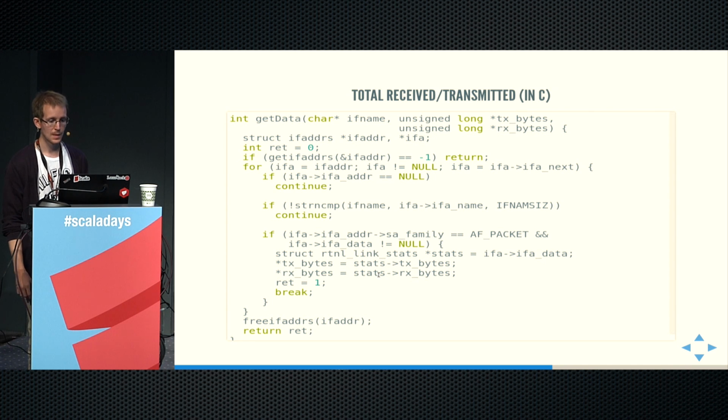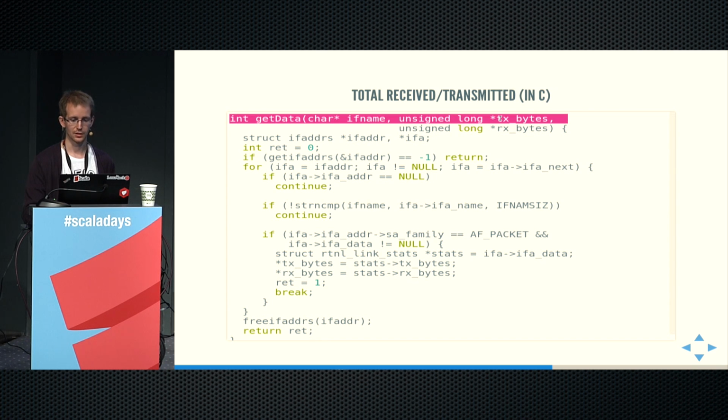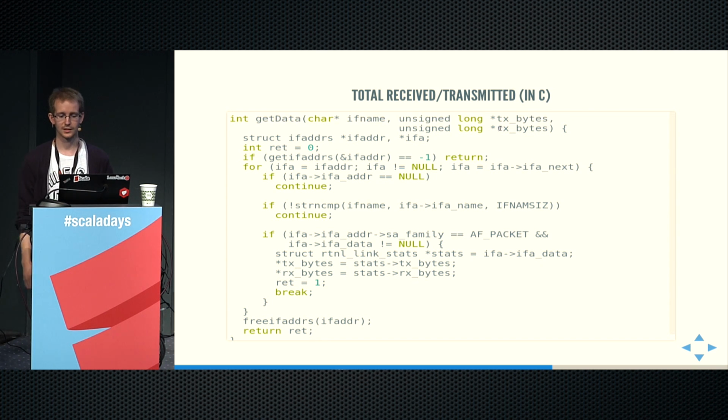the interfaces. So this is not really how we are used to do things in Scala, because we are getting those two pointers as parameters, Tx bytes and Rx bytes. They act as kind of out parameters. We'll just modify their values. And we also return an int from this function, which represents if the function returned correctly or not.